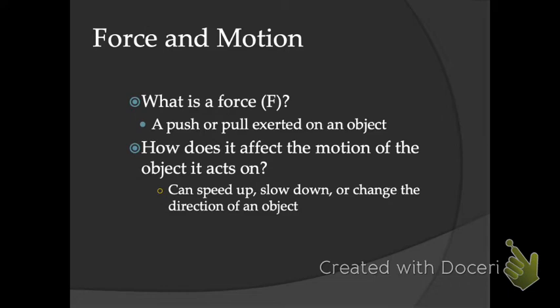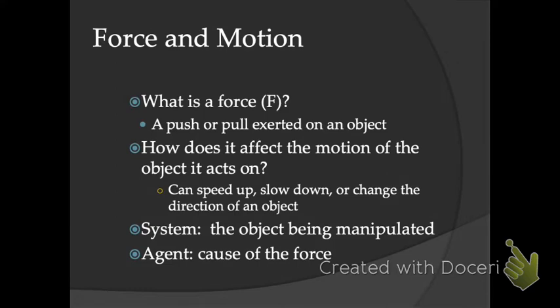There are only a couple of vocabulary terms that I really familiarize you with for this chapter, and these are the two right here. The system is the object we're examining, or the object that we're manipulating. Whether we're dropping it or pushing it, whatever we're doing with that object, that's called the system. And the agent is the thing that's exerting the force, the thing that's causing the force.